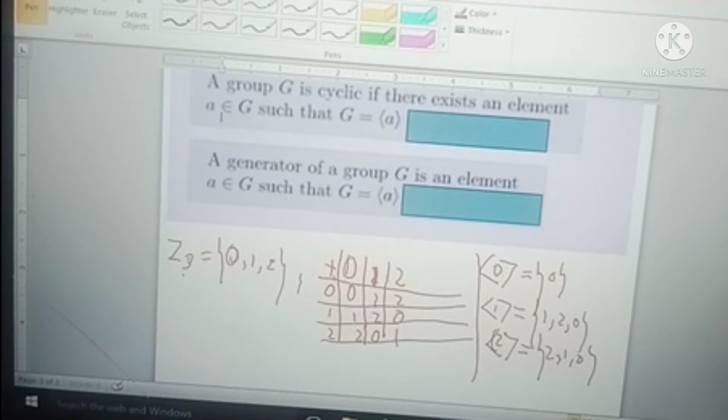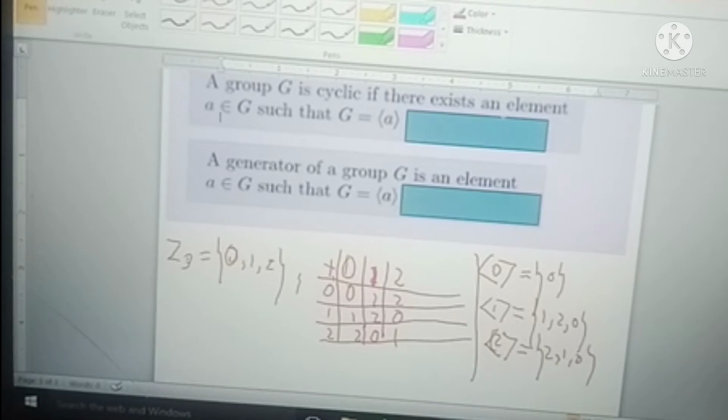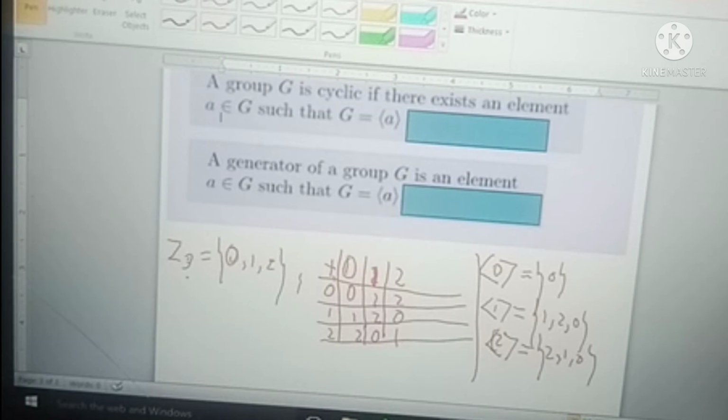this group is a cyclic group because according to the definition of a cyclic group, if there is an element in the group, our group G mod 3, such that the element equals the subgroup generated by A. Suppose we have two elements here, because the order does not matter.